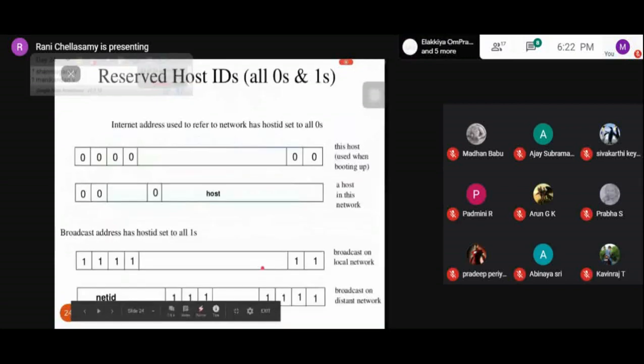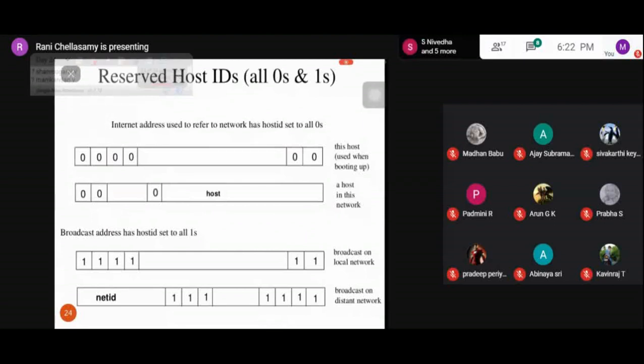Coming on to the reserved host: the host part is used for the booting process, so in that case, reserved means all zeros. If you are using a broadcast ID, all the host ID bits will be set to 1.